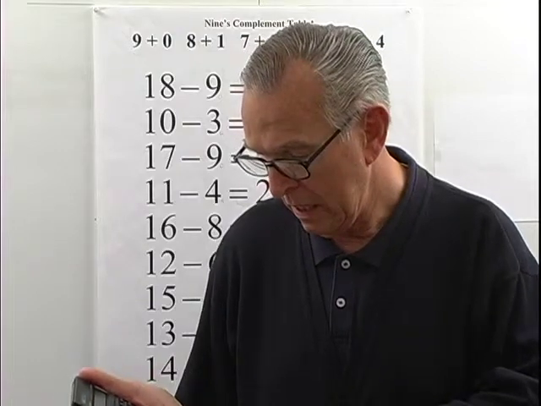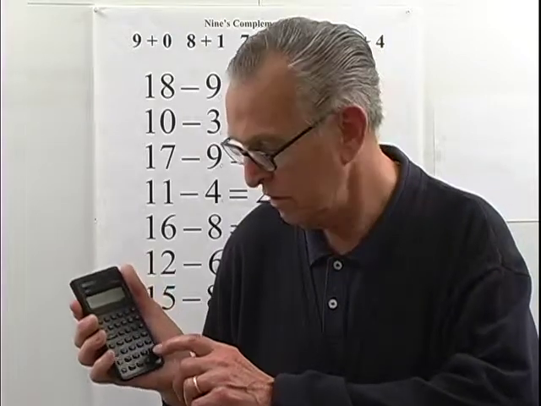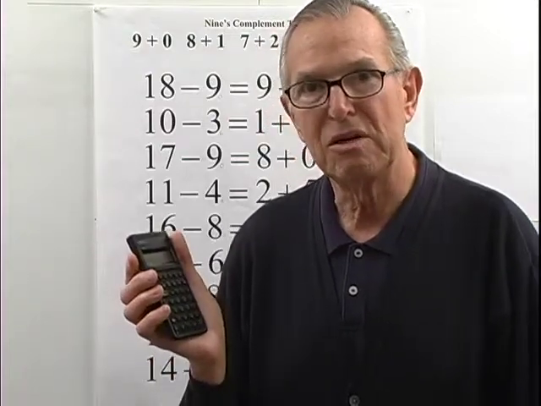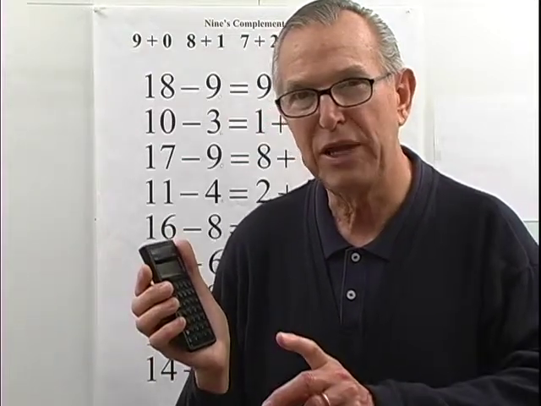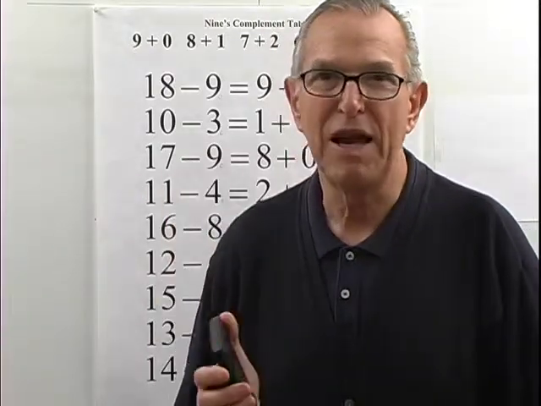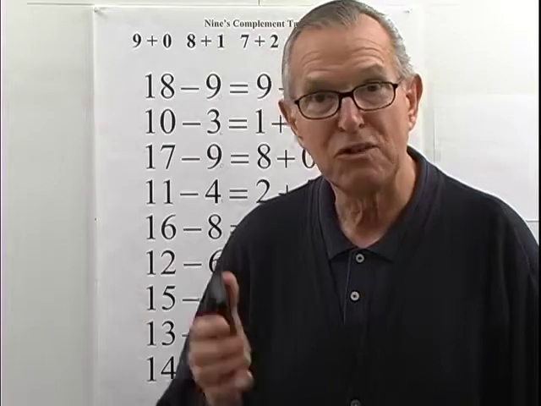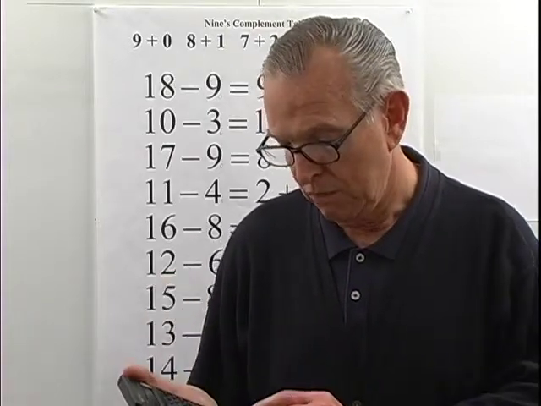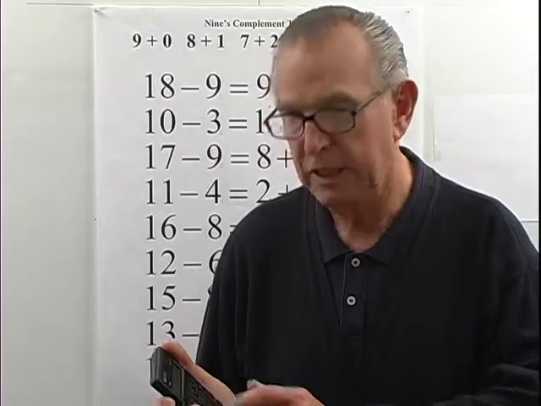When I hit the subtract function, this button here, this calculator knows that the next number I put in, it's going to write the 2's complement of that number and store it in an internal register. So if I put in a 7, there it is.